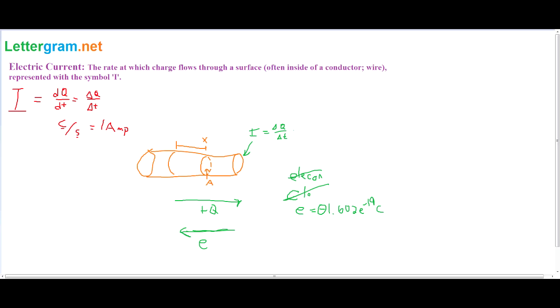And another way we can find the current, which some of you might have these questions in the test, is I = nQvd times A. A is obviously this area right here. n is equal to the number of charged particles going through that area.